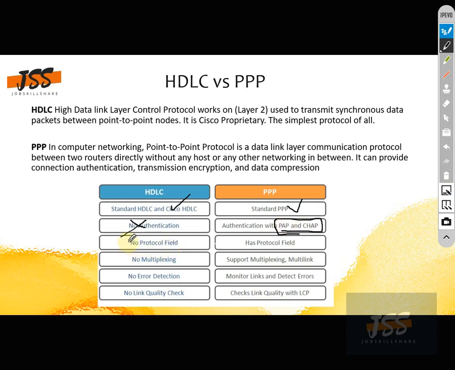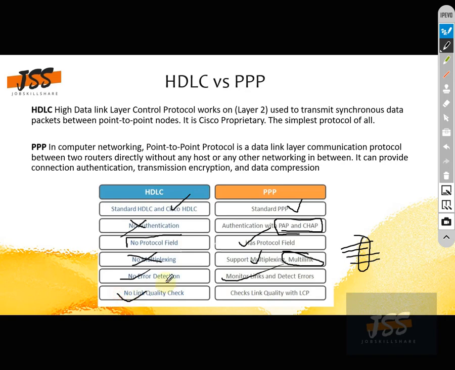Then HDLC has no protocol field, whereas PPP has a protocol field. HDLC doesn't support multiplexing, while PPP not only supports multiplexing but multilink as well. Multilink is just like EtherChannel, logical bundling of physical links as one. Then HDLC has no error detection, while PPP can monitor and detect errors.